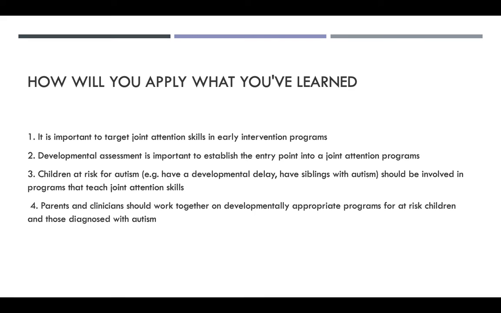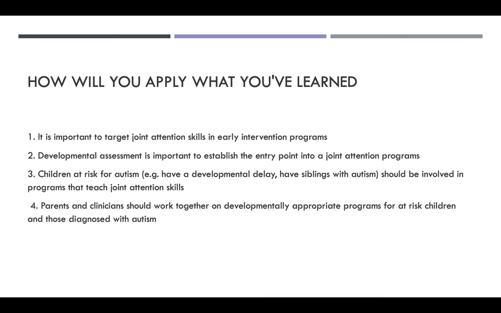And then how will we apply what I've learned? So I think it is important to target joint attention skills in early intervention programs, obviously. That's been a huge focus of this whole semester. And I also think developmental assessment is important to establish, to know where you're starting with joint attention programs and know, is it developmentally appropriate for this child to be learning joint attention?